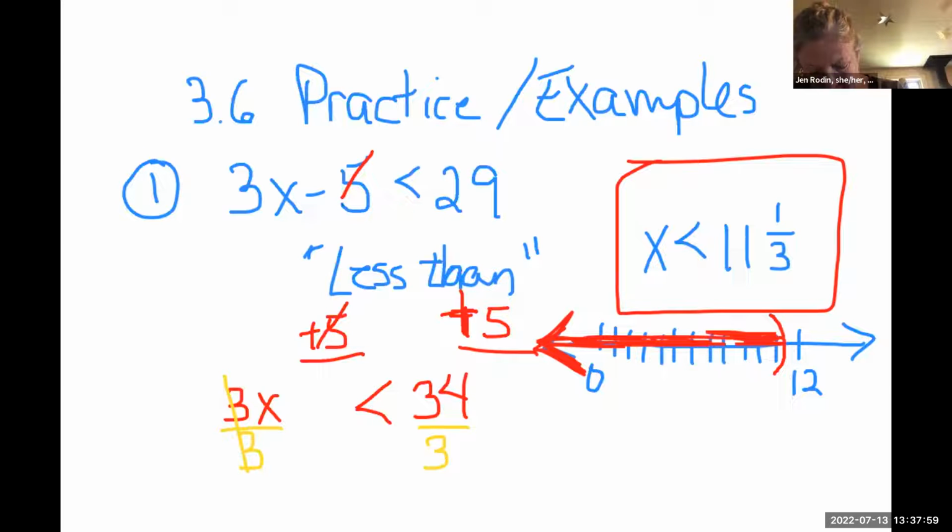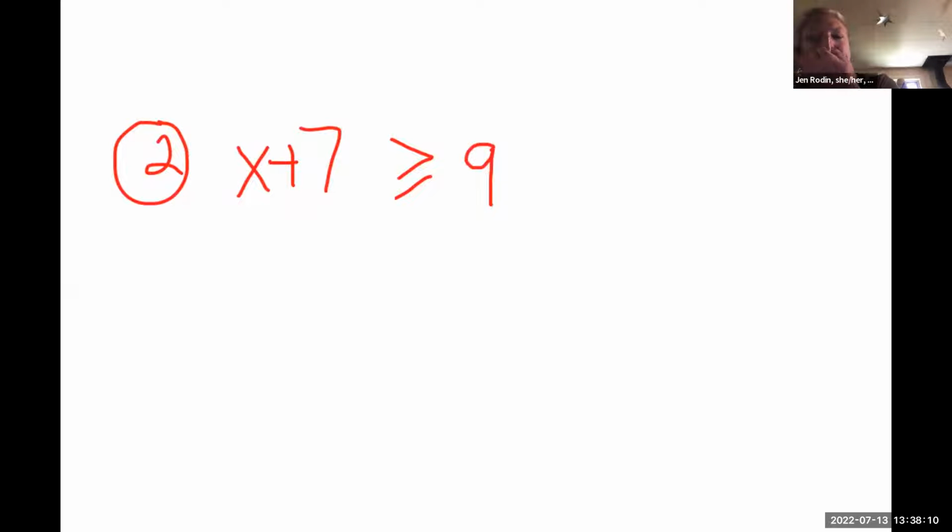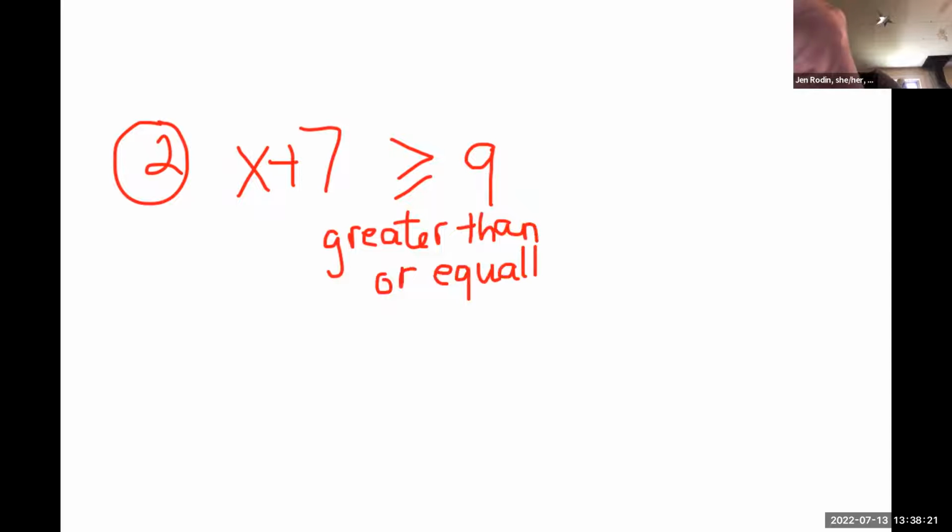Let's do another one. x plus 7 is greater than or equal to 9. Again, like I was saying, I put it in words in my head: greater than or equal to just means everything bigger than or equal to 9.